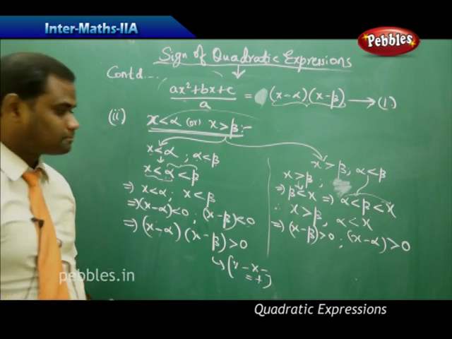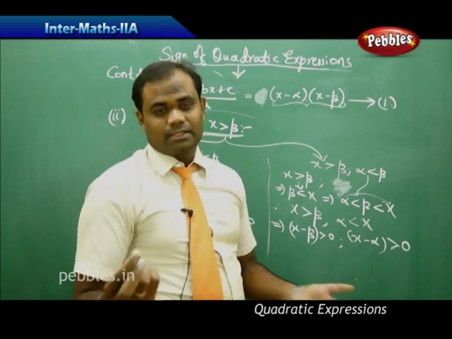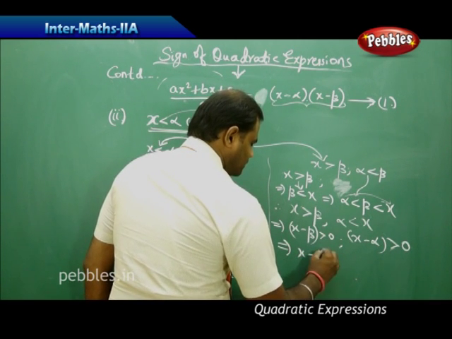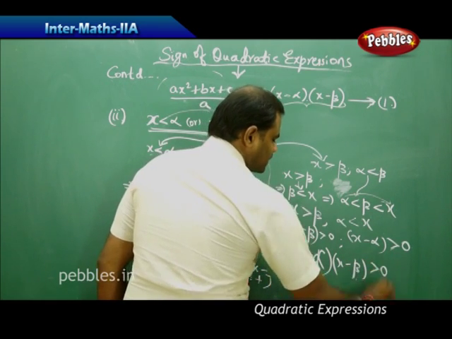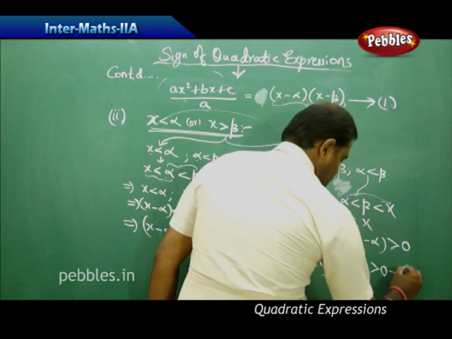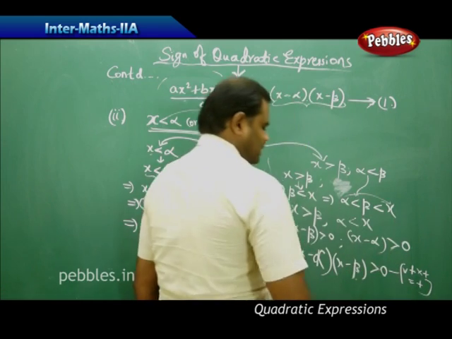We all know that. This is positive and this is positive, so plus into plus is plus. Therefore, x minus alpha into x minus beta is greater than 0 when I combine the product of these two.